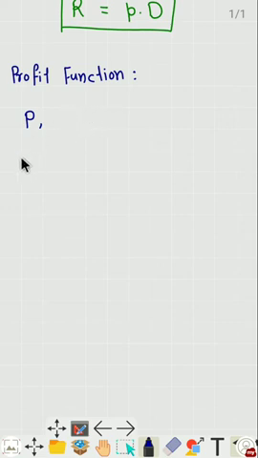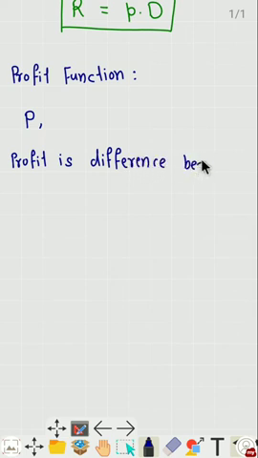So we write here: profit is the difference between sale price and cost price.